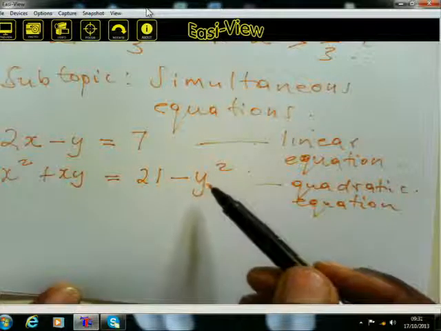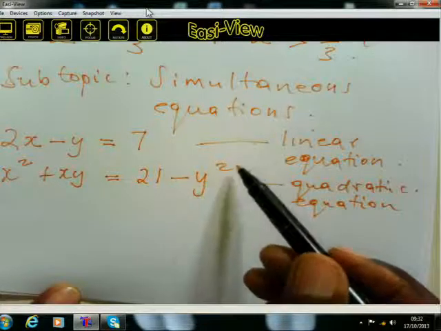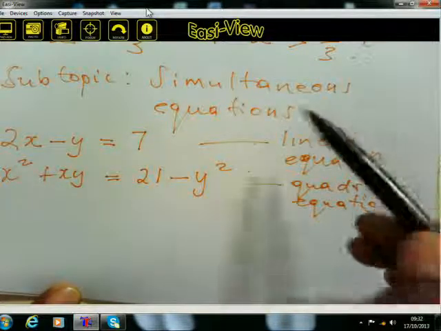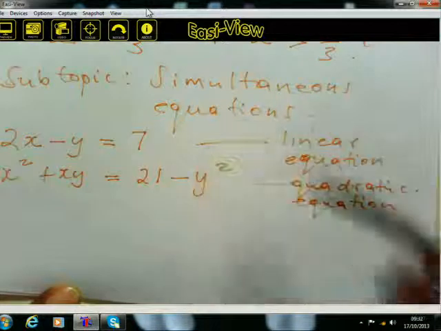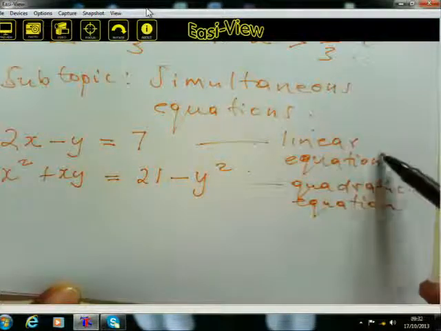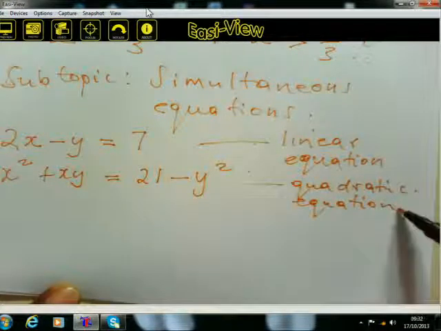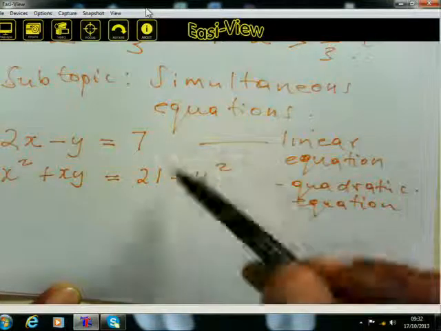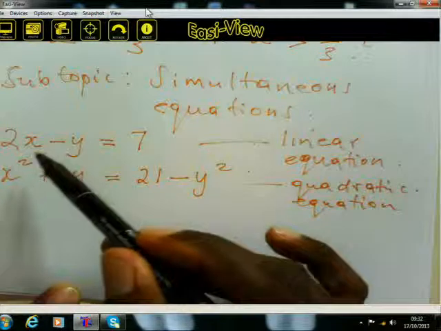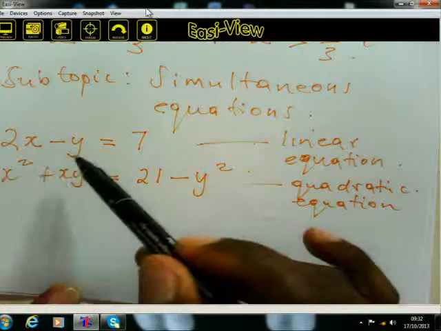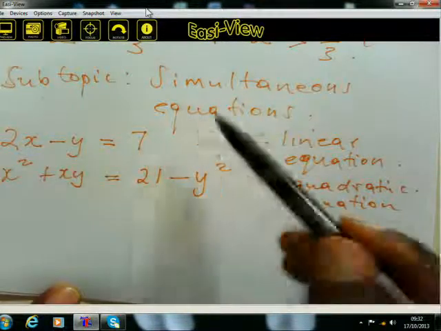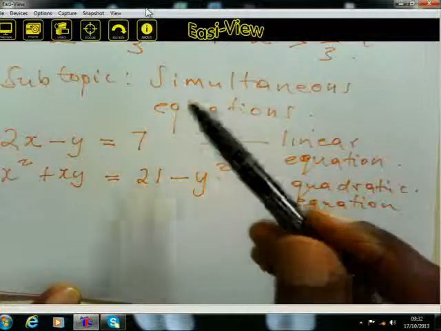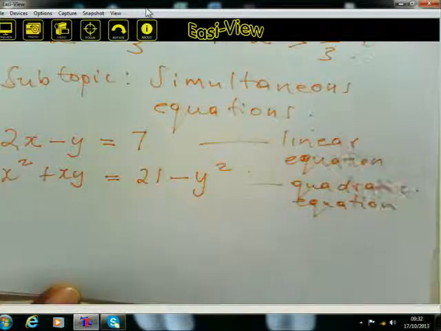The highest exponent of y is 2. So, in the case of simultaneous equations, one is linear and the other one is quadratic. Therefore, we must solve for the two variables x and y at the same time. Hence, the word simultaneous equations.